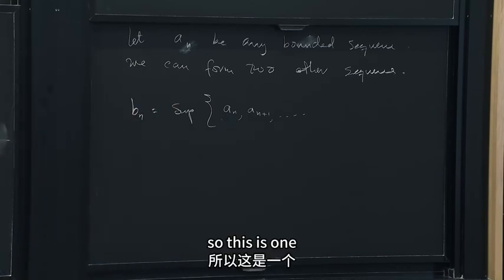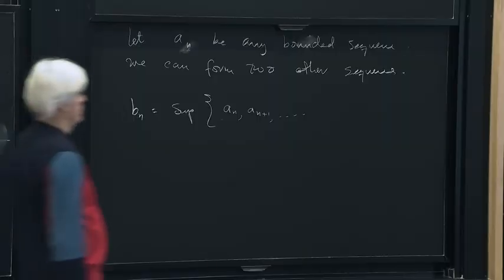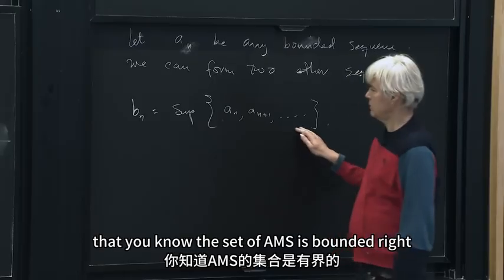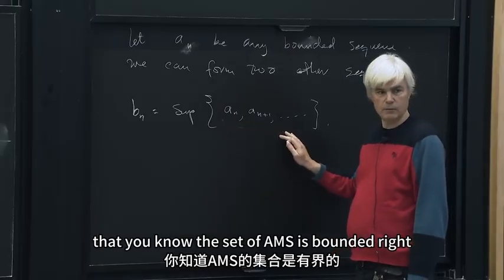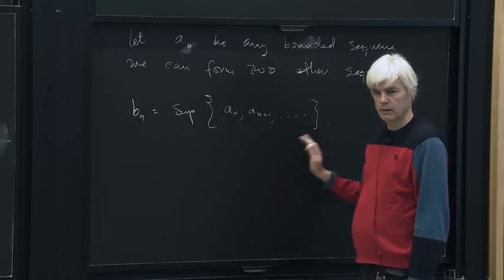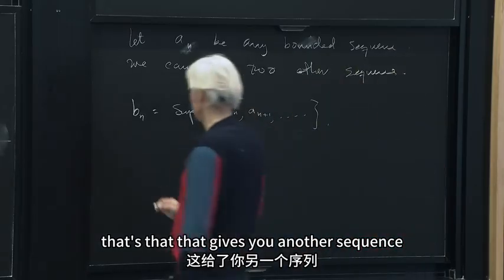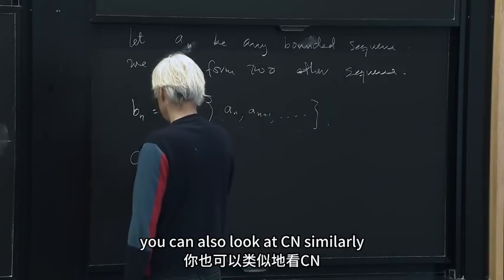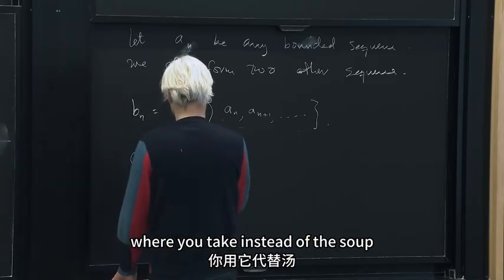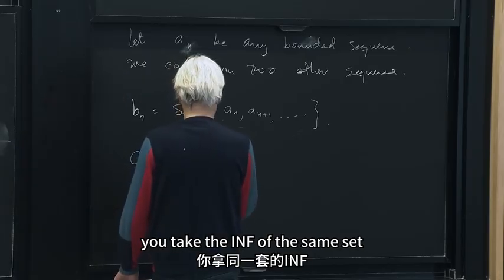We know the set of ANs is bounded, so you can certainly take the sup and you get a real number. That gives you another sequence. You can also look at Cn similarly, where instead of the sup, you take the inf of the same set.